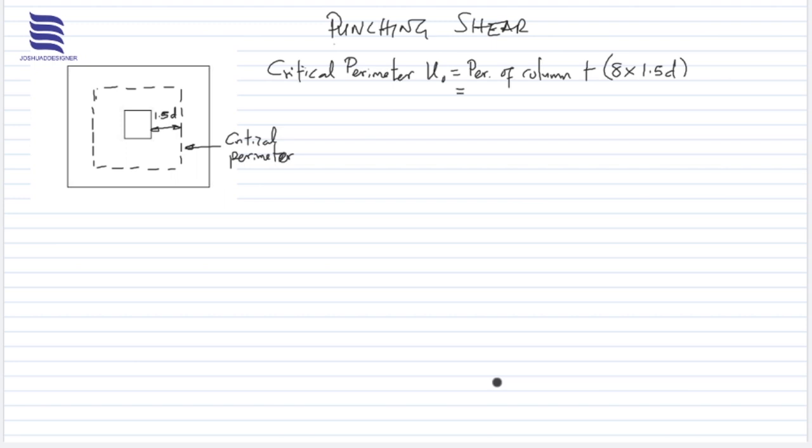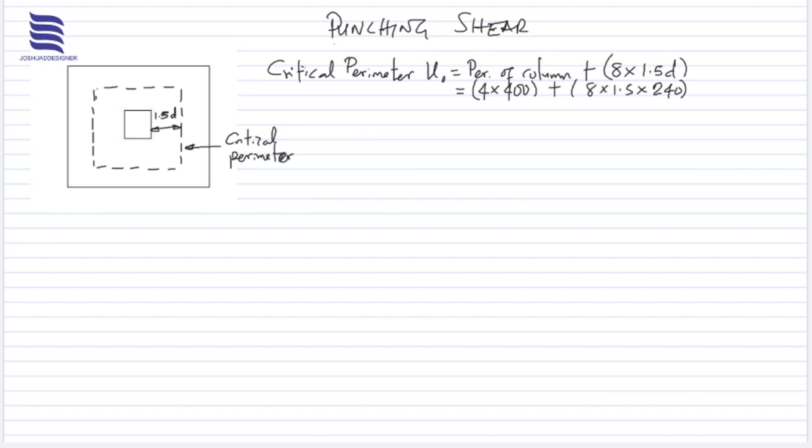We know that the column is a square column, so the perimeter is 4 multiplied by the length of each side, plus 8 multiplied by 1.5 and the depth, which as obtained previously is 240. That's exactly what we applied previously.